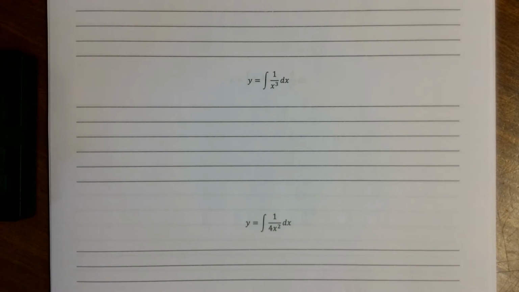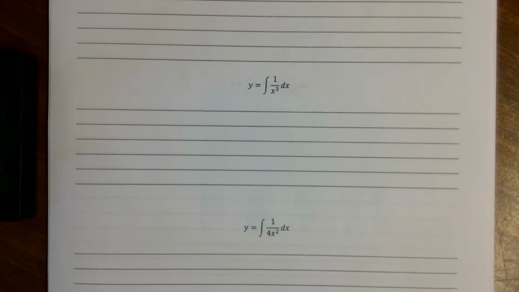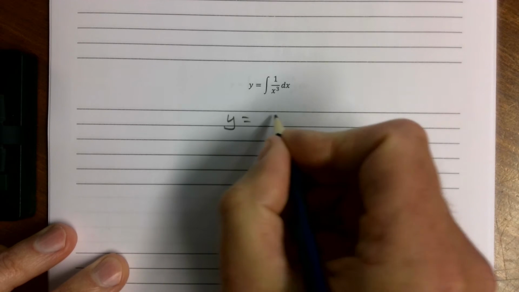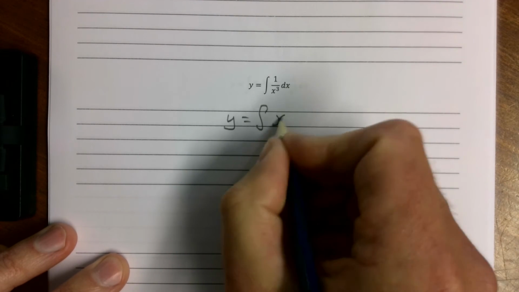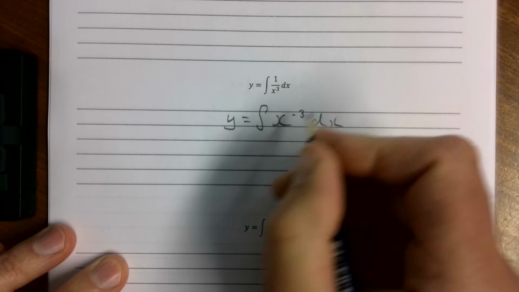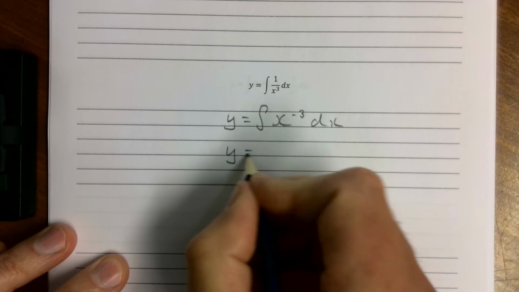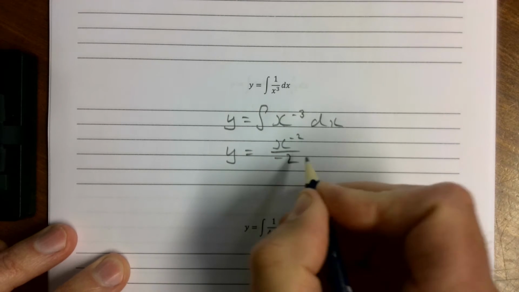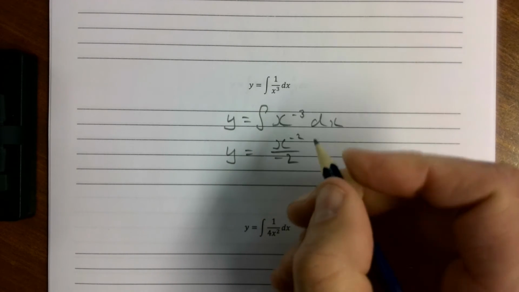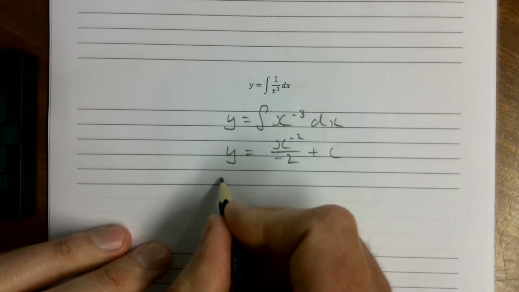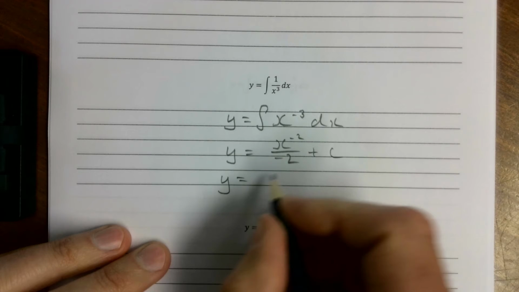Second example, again, these are negative indices, so we need to be careful here. I'm not going to integrate yet. So I still write my integral sign, integral, and this is of course x to the power of minus 3 dx. But same rules apply. Add 1 to the power, be careful here, that gives you minus 2, divide by the new power, which is minus 2, plus c. This one might need a wee bit of tidying up, so it depends what way you want to write this.